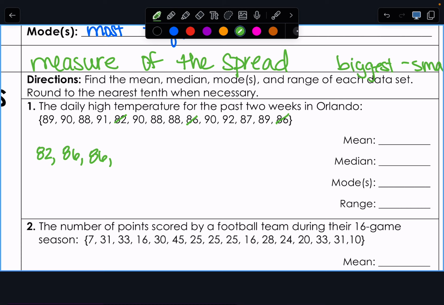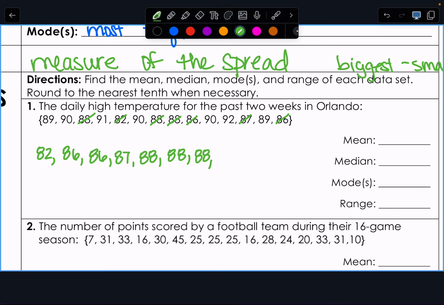And then I see an 87. And then an 88, another 88, and another 88. And I'm doing this in pencil. If I accidentally forget one, I can squeeze it in.